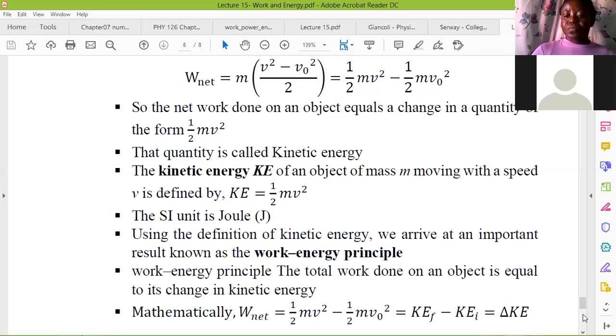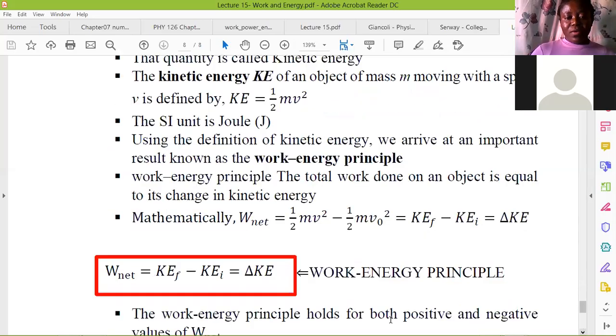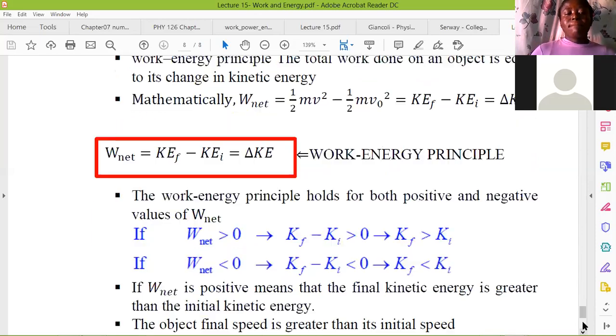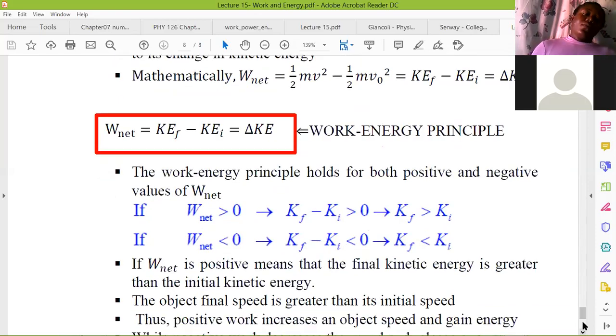So this form is called the work energy theorem or work energy principle. The work energy theorem holds for both positive and negative work done.